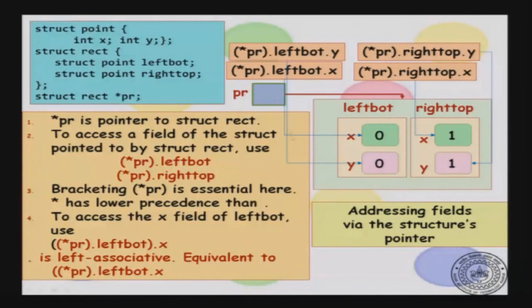It will come to the left bot field of the rectangle and pick its subfield y. So, star PR dot left bot dot y would refer to this location in the memory. Similarly, star PR dot right top dot y would be this location in the memory, and so on. So, you can address the subfields of the fields of a structure using a pointer.